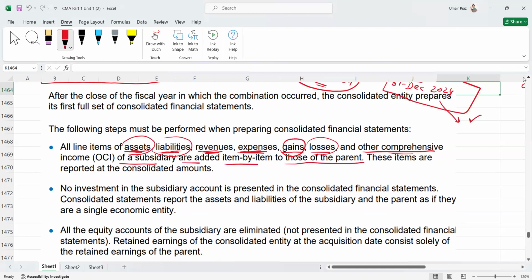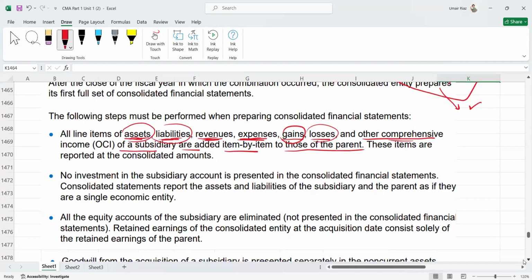Those things you have to eliminate in full. Why do we have to eliminate? Because when we prepare the consolidated financial statement, we assume that the subsidiary and parent are a single economic entity. That is why intra-entity transactions, balances, income, and expenses we have to eliminate in full. This is the consolidation process I'm explaining.